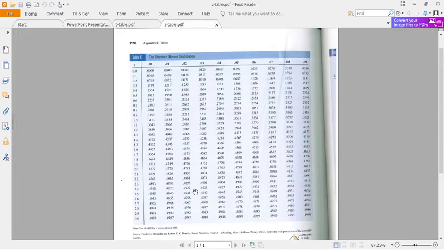This is 4943, 4945, 4946, 495. So we can go with 2.58. So that will be our Z value.